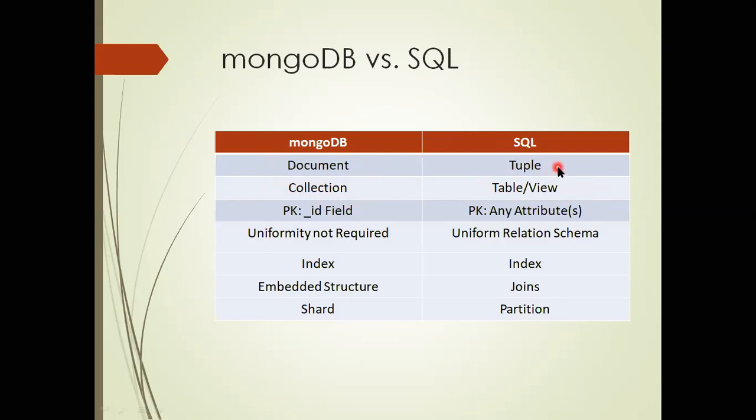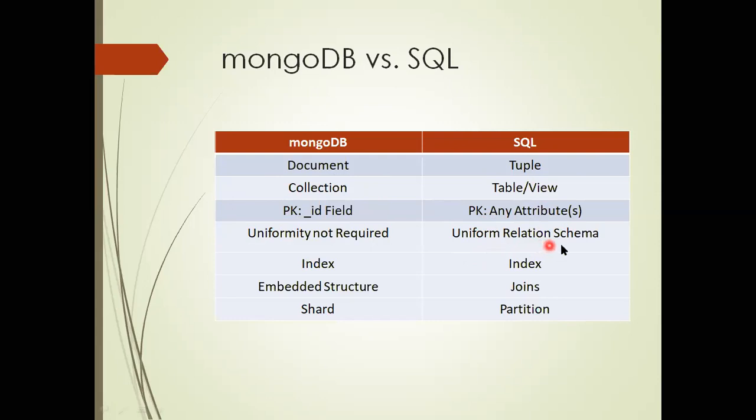So tuples are combined into tables, or we can say a table consists of a set of tuples. And in MongoDB, we say one collection consists of multiple documents, and these documents can be embedded within other documents also. And in SQL, we have a primary key, which can be defined on any attribute, any column within the table. But in MongoDB, we have a primary key which is on the ID field only.